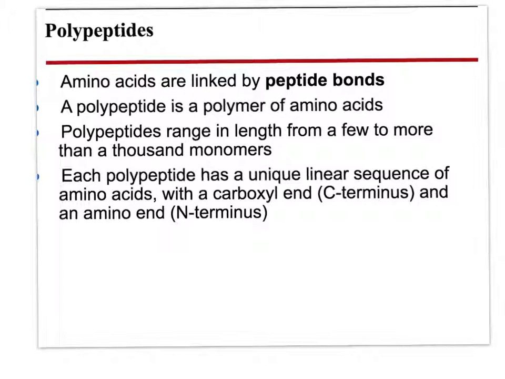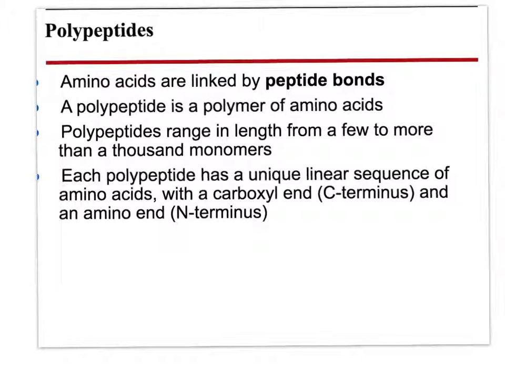It can range in length from a few to more than 1,000. So, it could be a long chain of amino acids. Is that a functional protein yet? No. If it was a functional protein, I'd call it that. Polypeptide is just a string of amino acids.